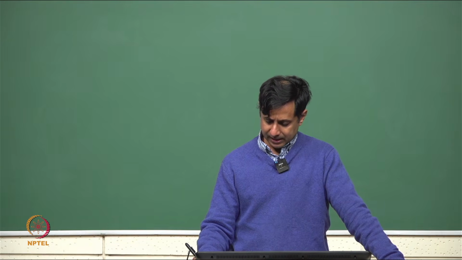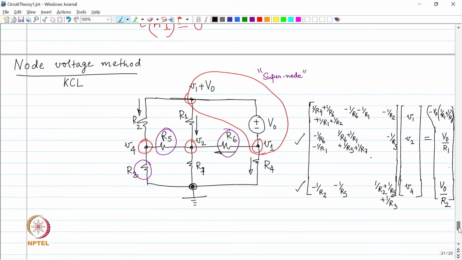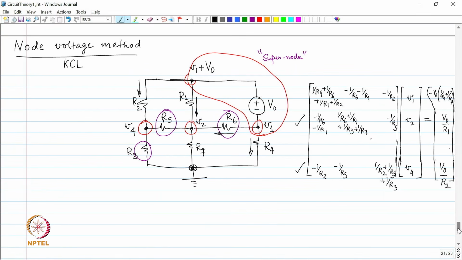After this, what we did was, we are not really that keen about all these nodes and so on. So, we came up with this node voltage method of analysis. First, we worked on the node voltage method only with current sources. It was quite straightforward with only current sources.